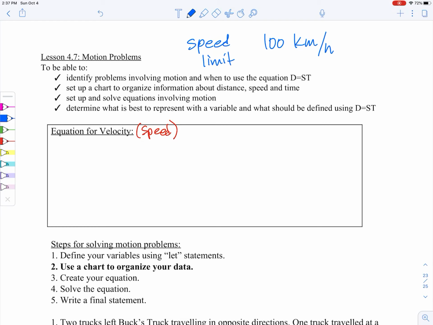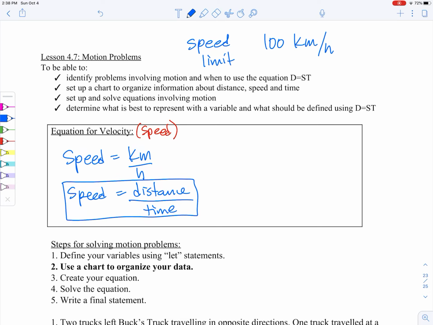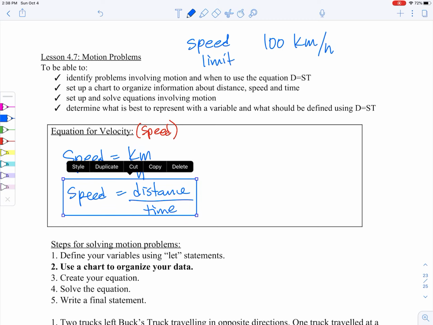So if you ever forget what the equation is for speed, we know that speed could be in kilometers per hour. The other way of thinking about it, kilometers is really measuring a distance, and hours is really measuring a time. So if you can remember a speed limit, you can remember the formula for speed.